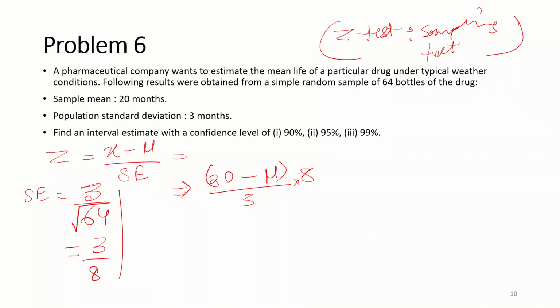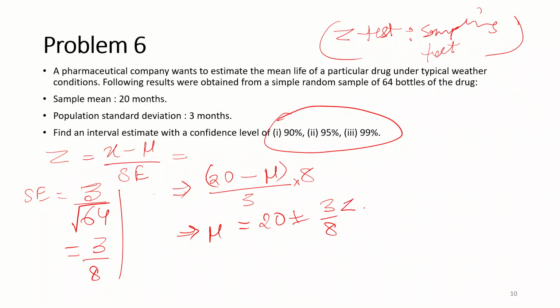You can also write it by bringing mu to one side, so mu equals 20 plus or minus 3 by 8 times z. Then we try putting different values of z and get the interval around mu.